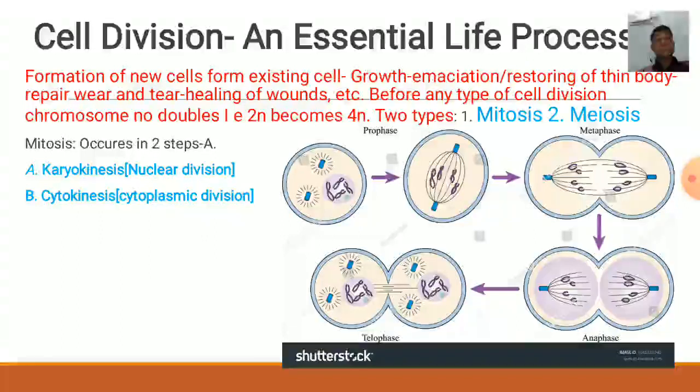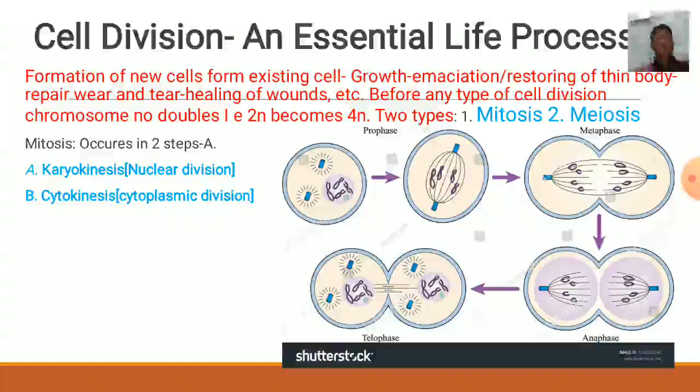Due to this, they become short and thick, and they start to appear along with their pair of sister chromatids. Centrioles duplicate and each centriole moves to the opposite pole of the cell. The nuclear membrane and nucleolus start to disappear, as shown in the figure.